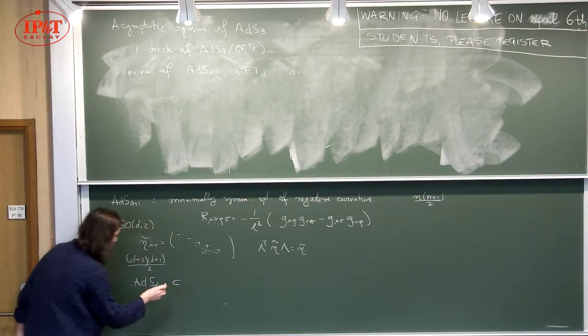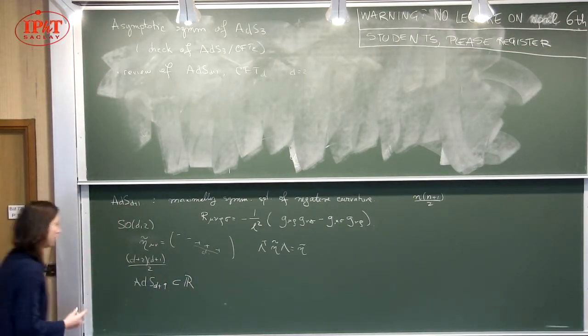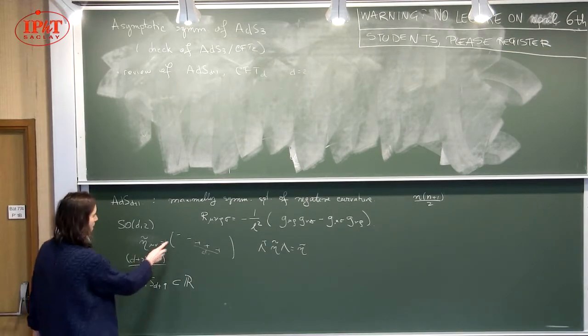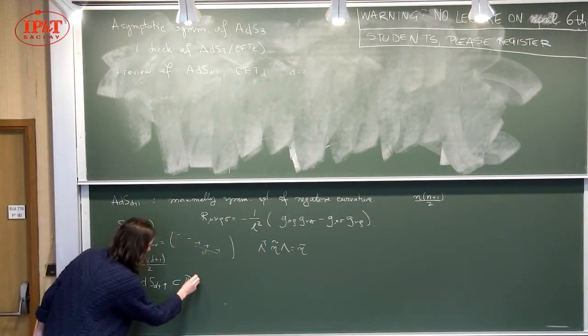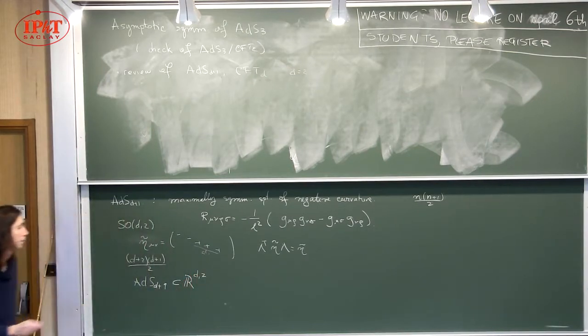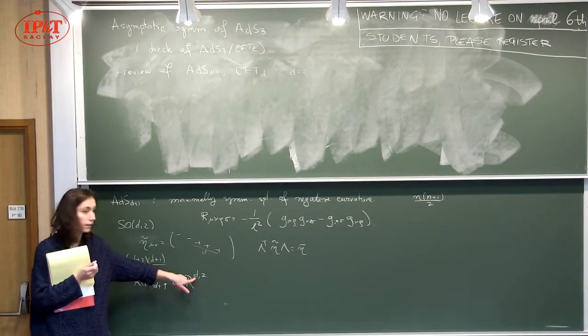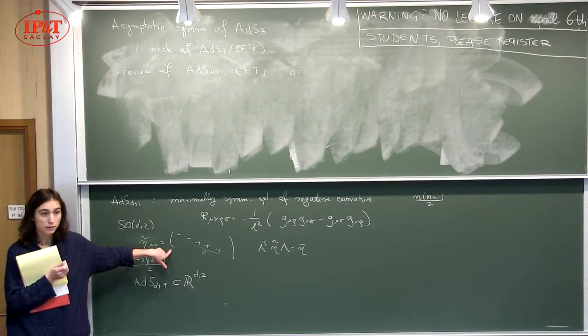You can embed it into a spacetime which has signature minus, minus, plus, plus, plus, and so on. So it's R^{D,2}, like Minkowski but with two time directions, where the metric is just given by this.